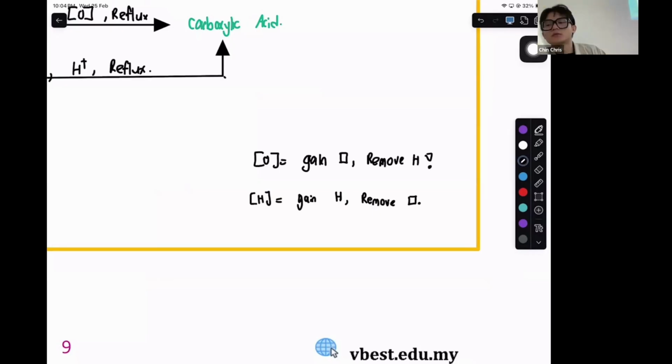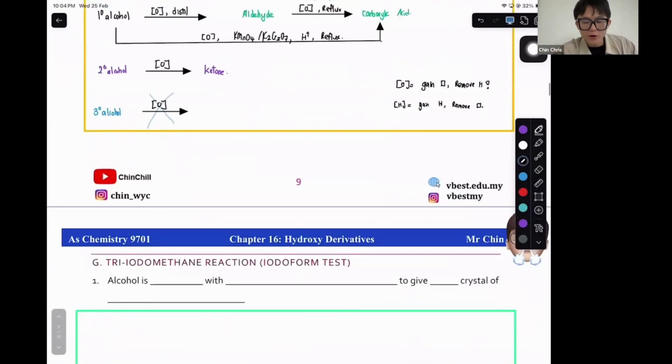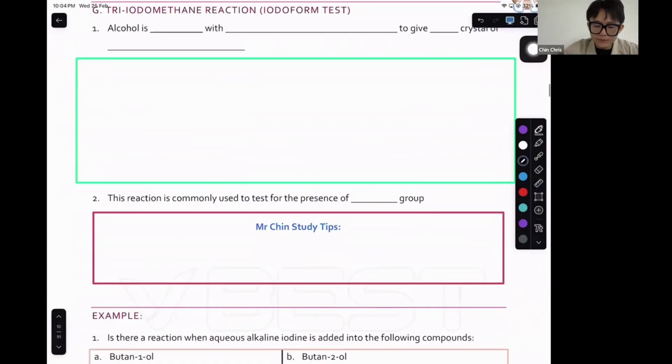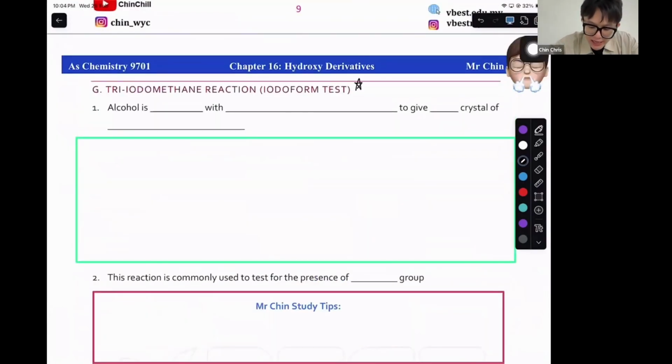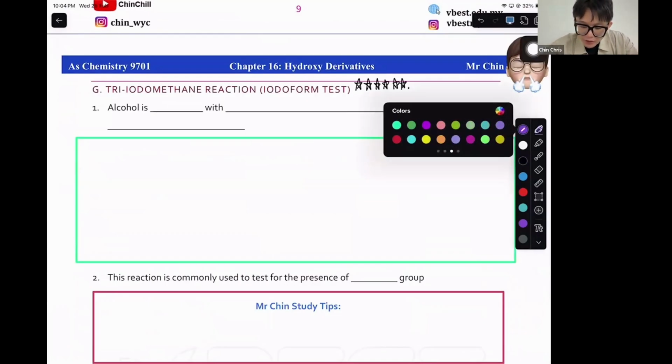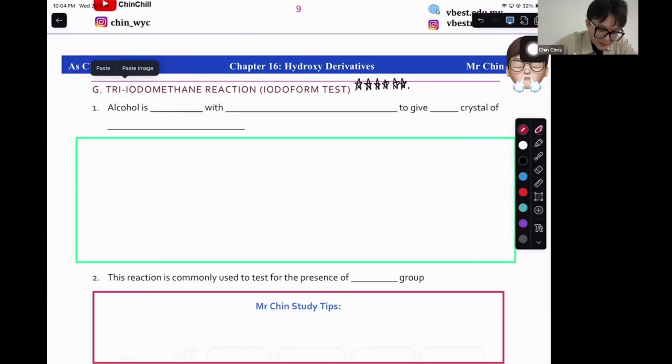Okay, guys. Now, the last part, we have the iodoform test. Your iodoform test is damn important, man. Very, very important. I want you guys to put a lot of stars here. For the iodoform test, alcohol can be heated with aqueous NaOH and I2, or sometimes they put it as I2 in alkaline.